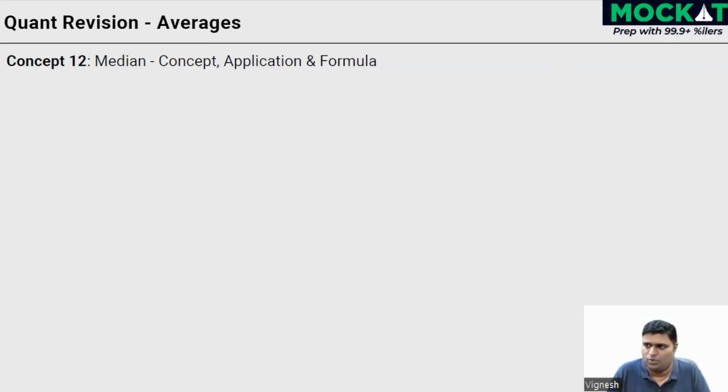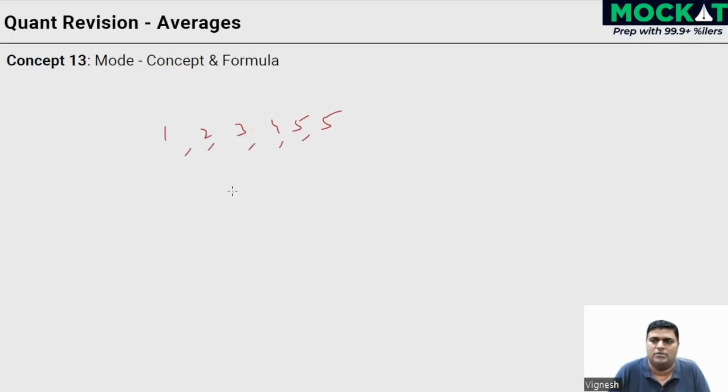Very quickly onto mode before we take an example involving both. Mode simply speaks about the term which occurs the most number of times. So if we have 1, 2, 3, 4, 5, and 5, then the mode over here is equal to 5 because it has come the most number of times, although it's the highest value. These are all measures of central tendency.